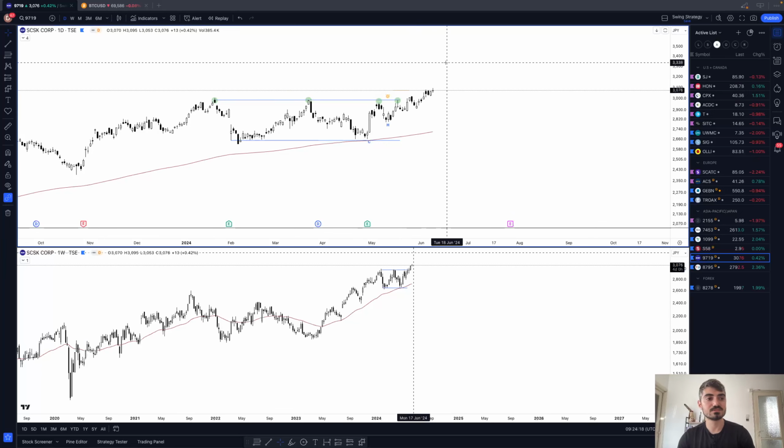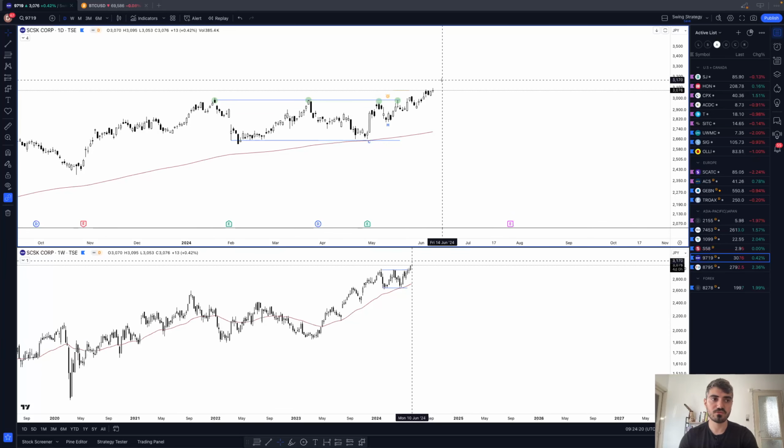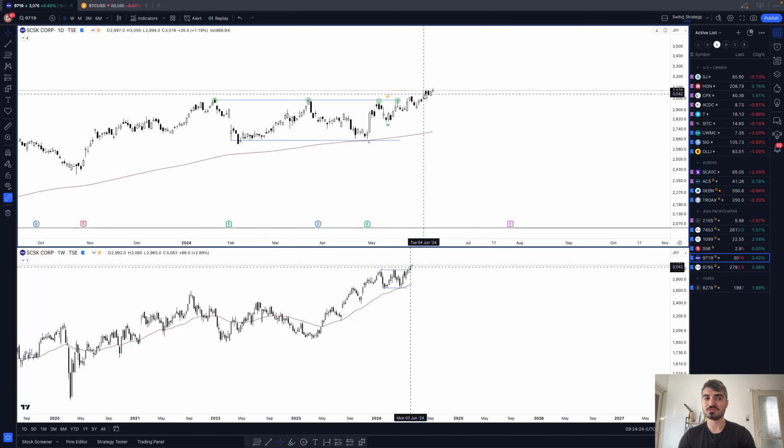Okay, price might surprise, but I'm not here. I'm not trading for surprises. I'm trading for stacking the probabilities in my favor, and by doing that, I'm in a sense making sure that on the long term I have higher chances to become consistently profitable.